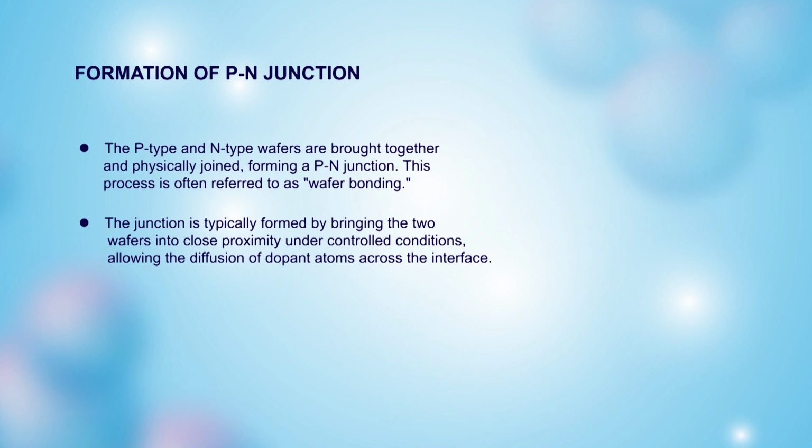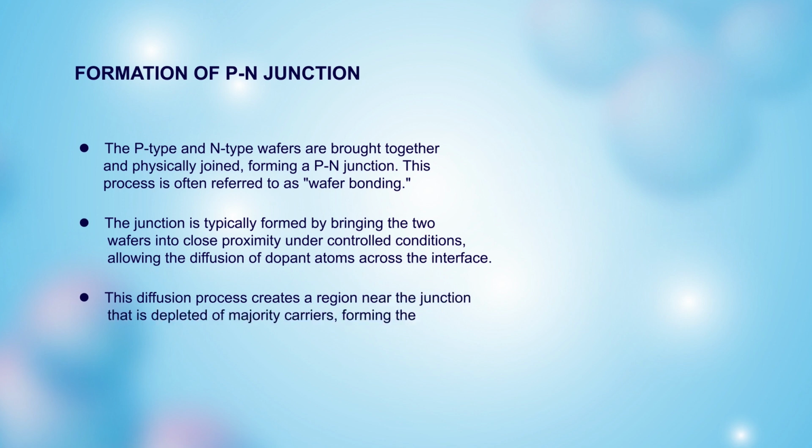During wafer bonding, when these two layers are physically joined under controlled conditions, the diffusion process takes place, where the excess electrons move from the n region to the p region and the excess holes move from the p region to the n region, and after that a junction is formed.